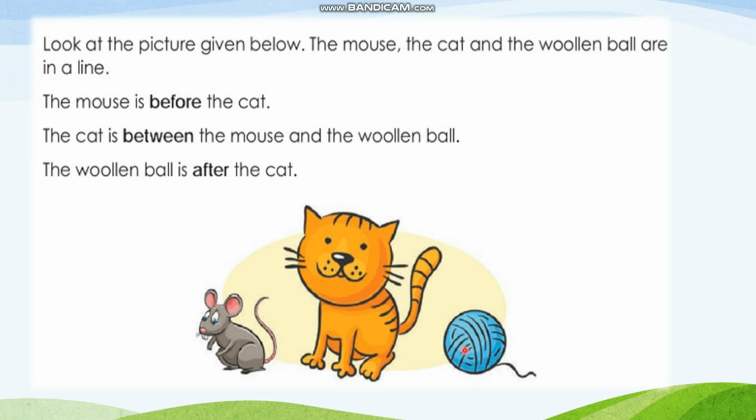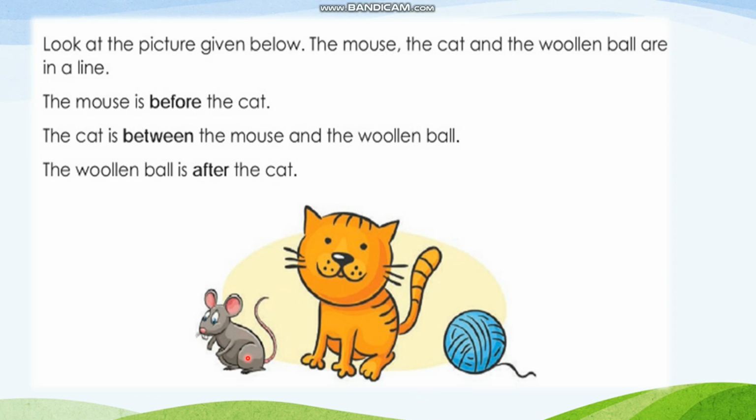And the woolen ball is after the cat. So the position of the mouse is before the cat, and the position of this ball is after the cat.